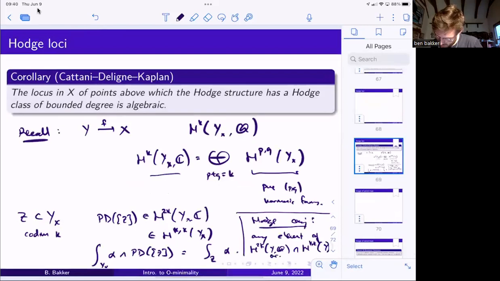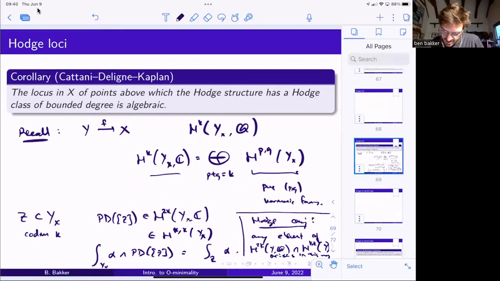Arises in this way. Okay, and so these are called Hodge classes. This is now something I can define purely in the realm of abstract Hodge structures. Any rational class which is of pure balanced type is called a Hodge class of that Hodge structure.